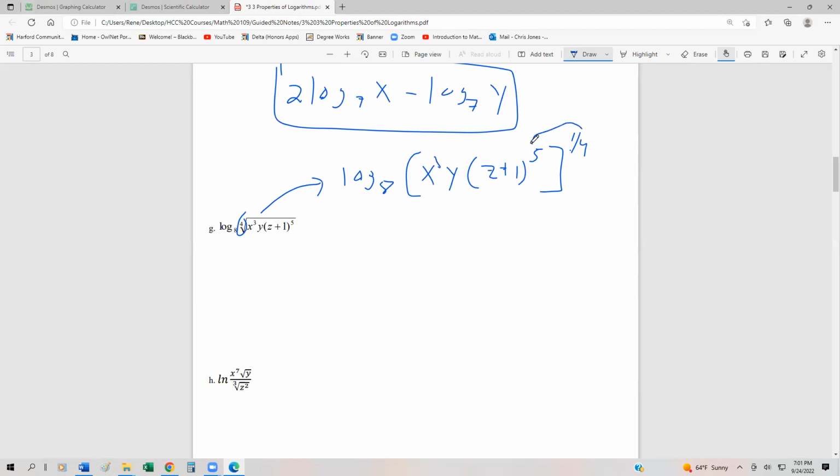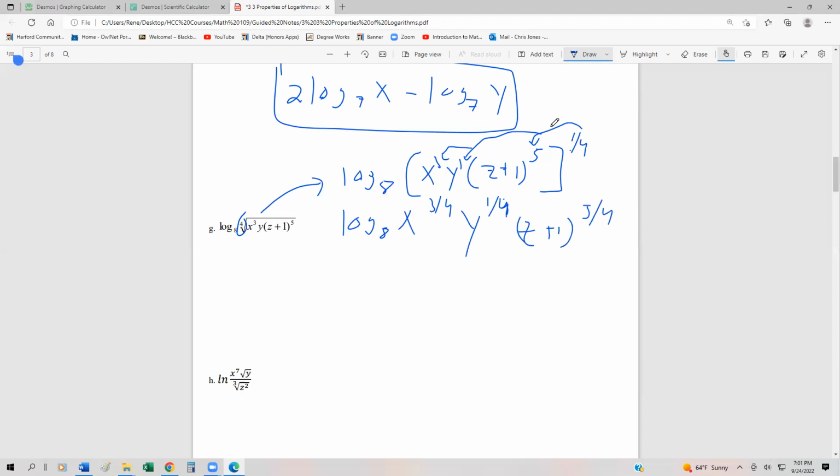And then what we can do is multiply all the exponents by the 1/4 power. And so our next line would look like log base 8 of x to the 3/4, y to the 1/4, because remember y has an exponent of 1, and then z plus 1 to the 5/4.